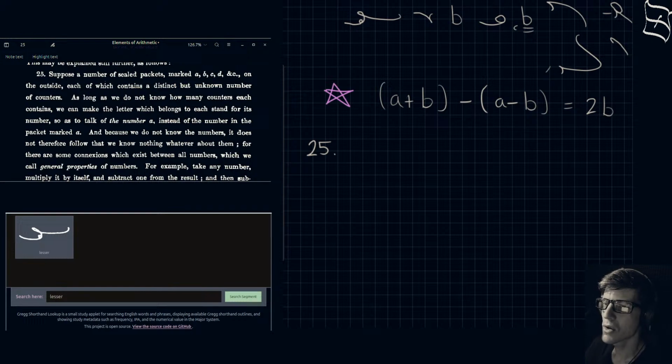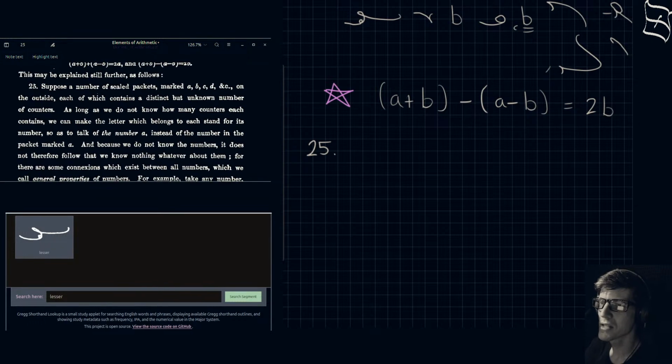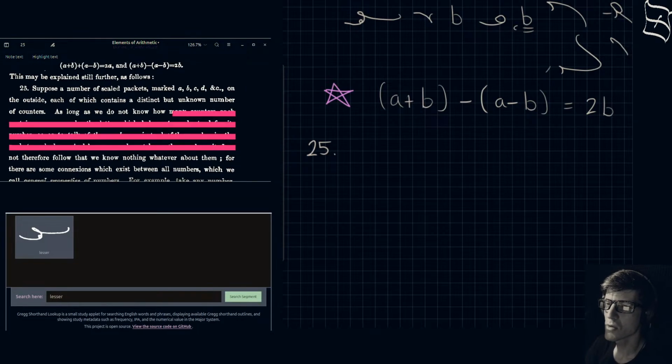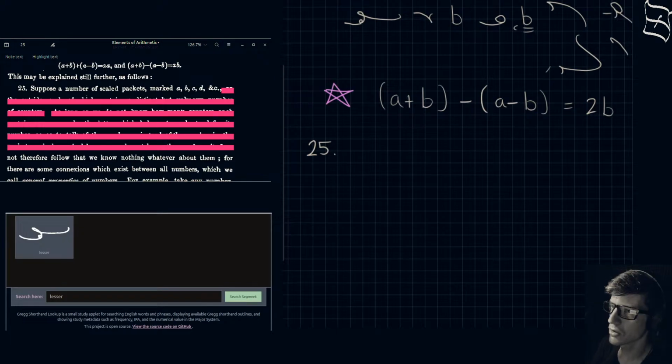Remember that we had already spoken about this idea of being able to give letter names, alphabetical names, to particular numbers, right? So what we're going to do here is elaborate on it a little bit more.